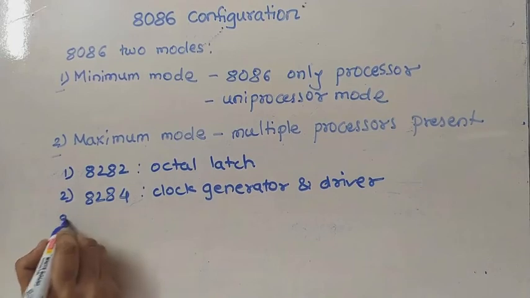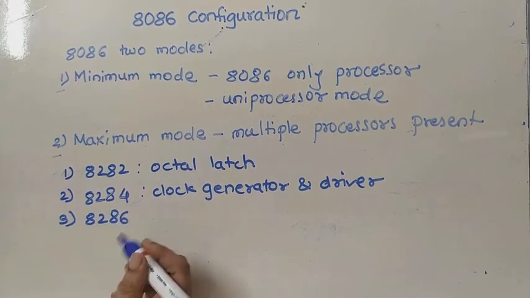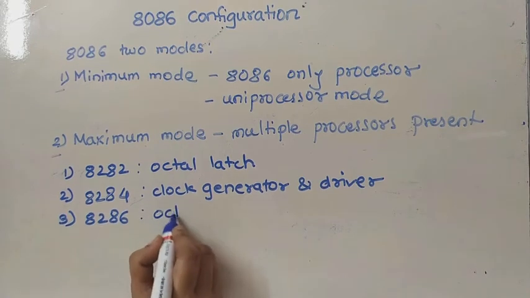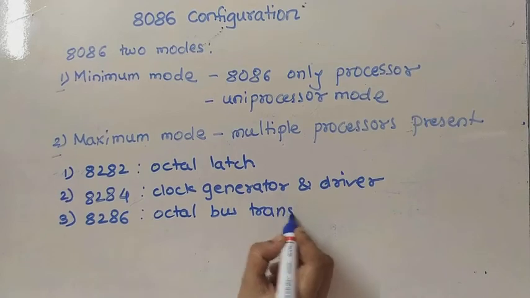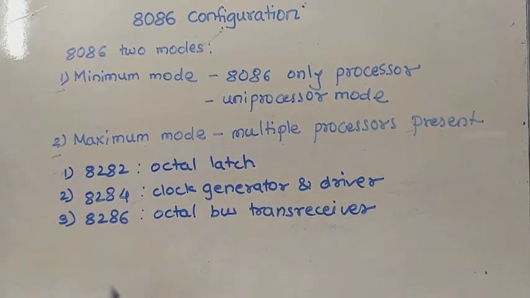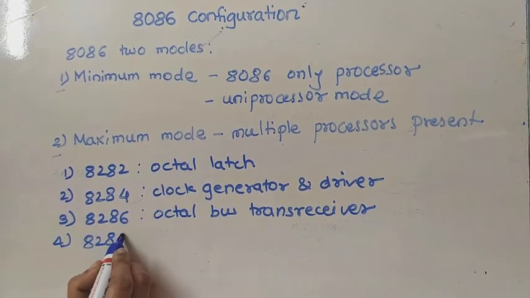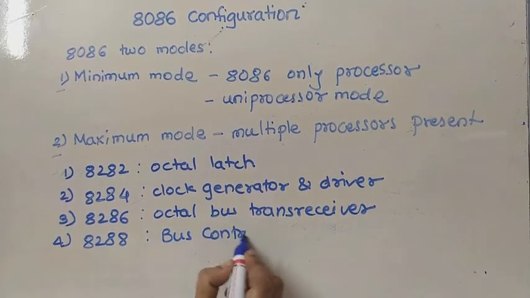Third component required is 8286, the octal bus transceiver. And fourth component required is 8288, the bus controller.